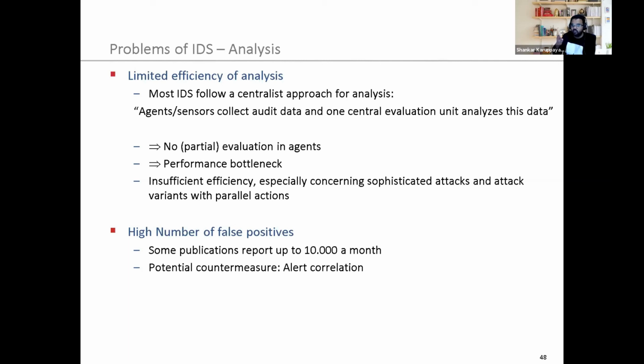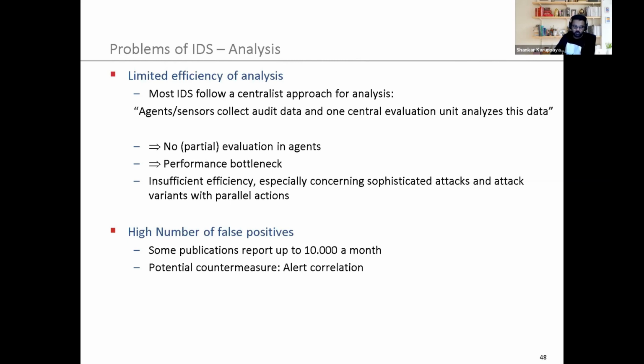So you will only see the attacks if they are being done on an individual node. If they are targeting one particular node, it's easier to see. But if the attacks are distributed, targeted in a very complex, sophisticated manner, this is not going to be easy to detect. And there is a high number of false positives.